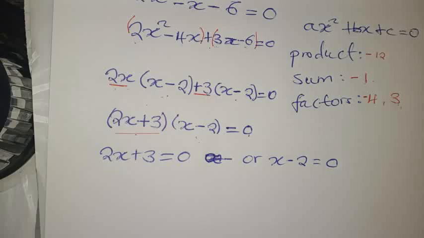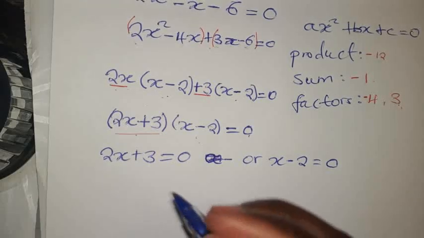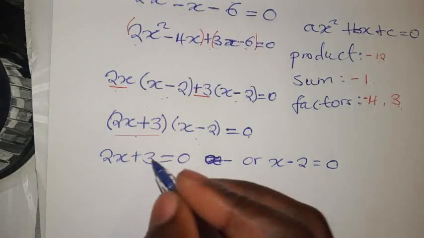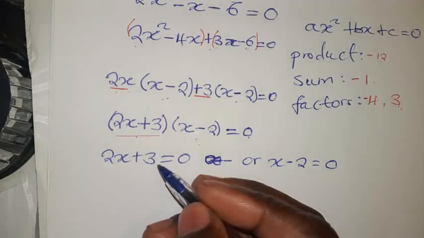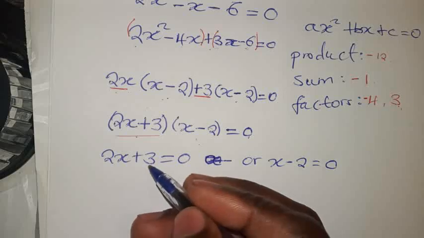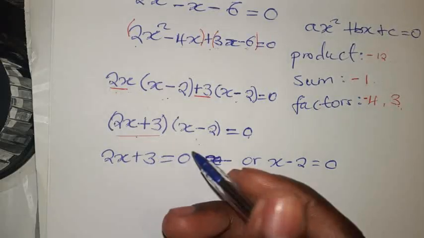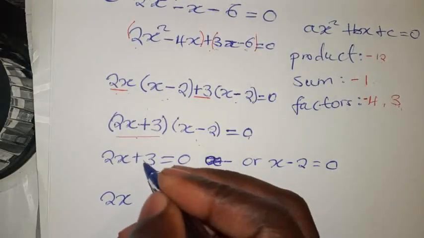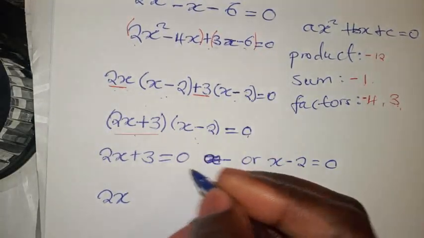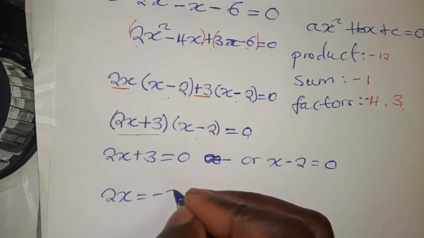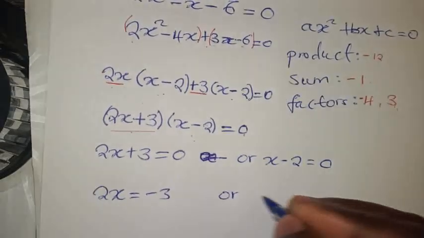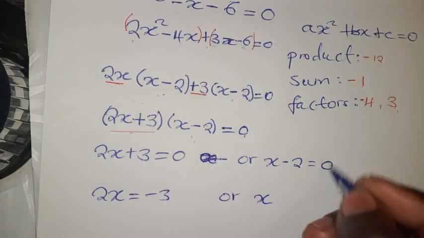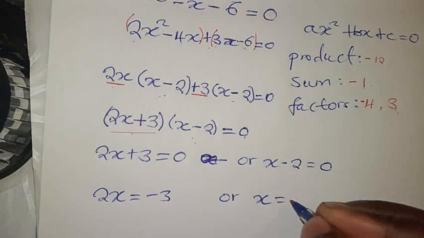Okay, when you're done doing that, you can now solve. Since 2x plus 3 equal to 0, you can group the like terms; the additive inverse of positive 3 is negative 3. So 2x, when we subtract 3, will be negative 3 this side. Or x, when this one crosses the equal sign, we'll have positive 2.